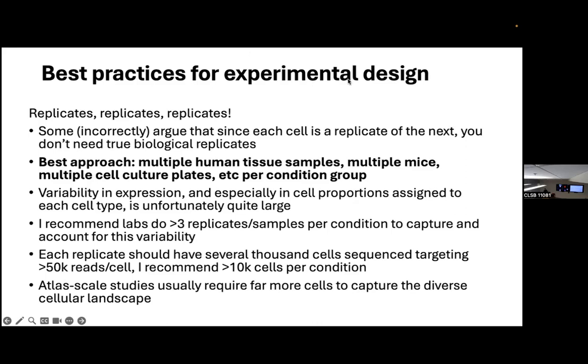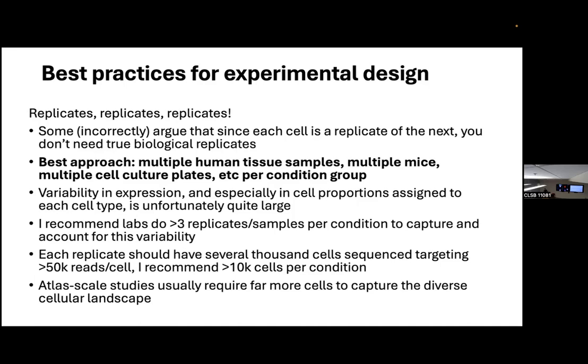Okay, let's talk through some best practices for experimental design. The very, very first one that I'm going to tell everybody is that replicates are very, very important. Some people out there incorrectly argue that since you're profiling many cells from the same tissue, those cells act as replicates for each other.